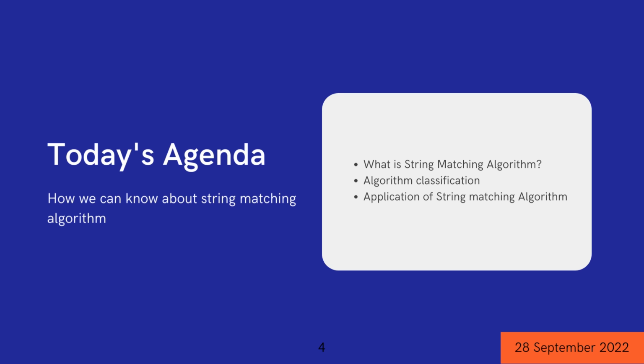First of all, we have to know what a string matching algorithm is, and then we will discuss some algorithm classifications, and at last we will know about applications of string matching algorithms. So after the presentation, you will have a great idea about string matching and how to solve a string matching problem efficiently.